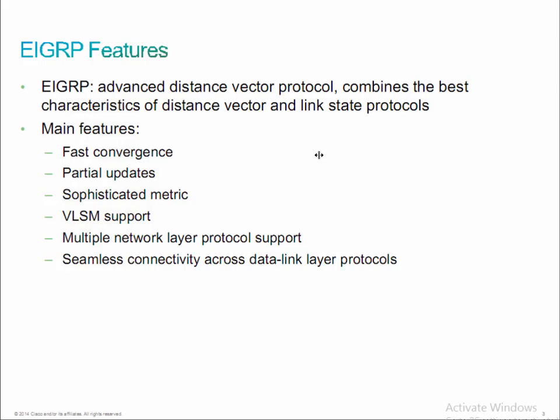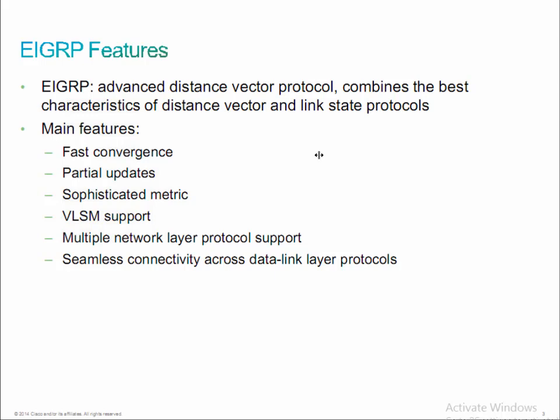Fundamentally, it does routing by rumor. It only exchanges information about distance and vectors for destinations. So it doesn't take characteristics of link state from that perspective. But it does incorporate a lot of the features that you might see in a link state protocol.